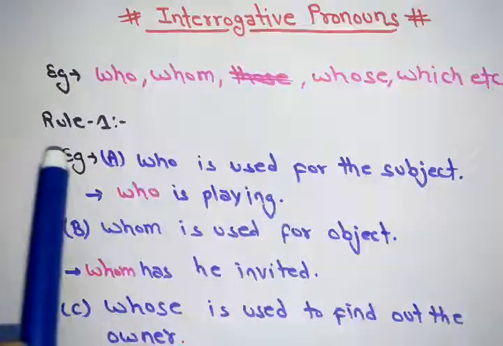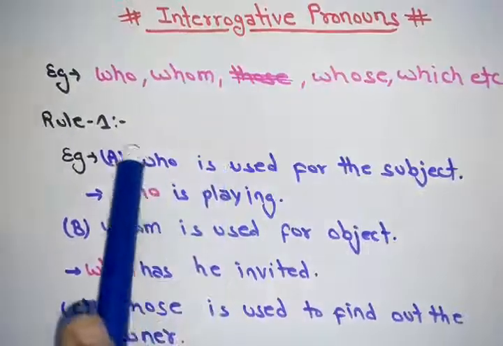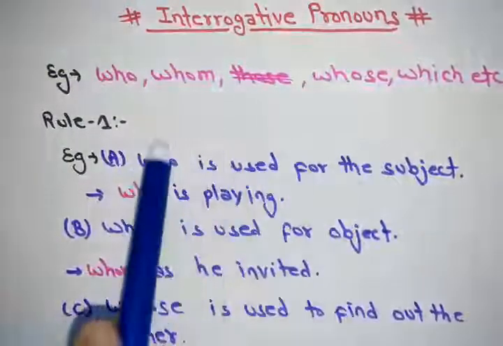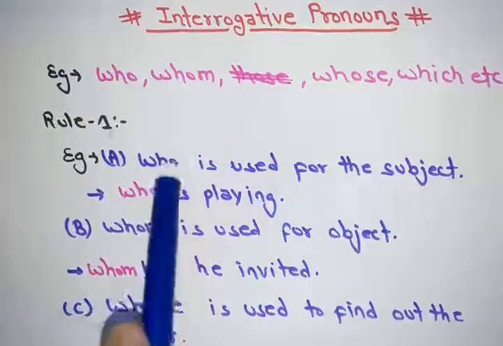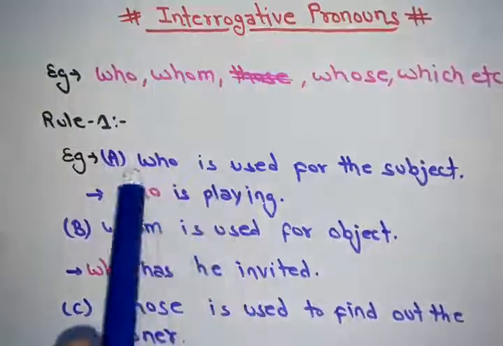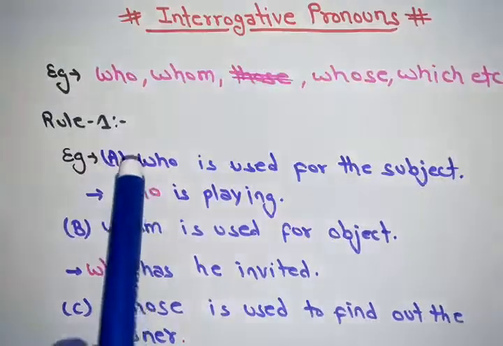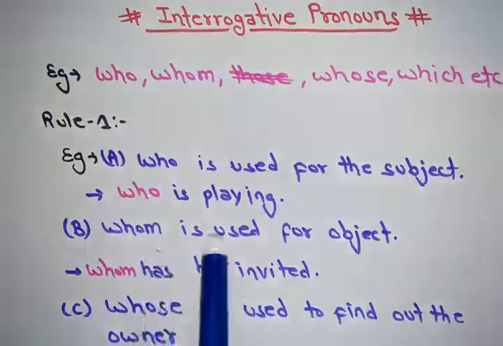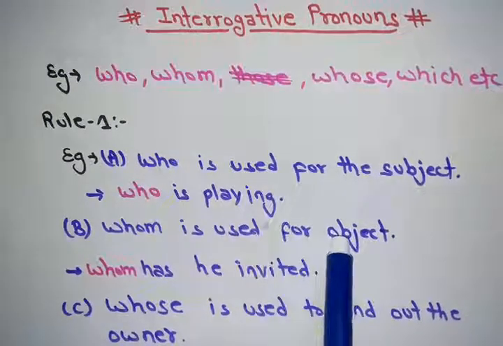Let's see how. For example, who is used for the subject. If who is used for the subject, then who is an interrogative pronoun. For example, who is playing? Here who is a subject, therefore it's an interrogative pronoun. And second, whom is used for the object.